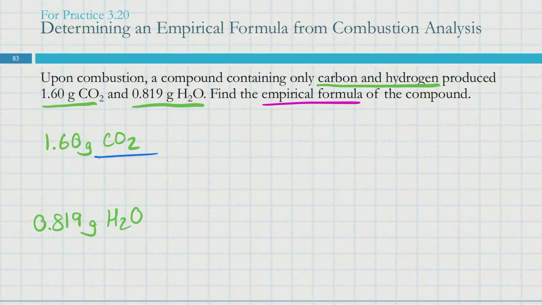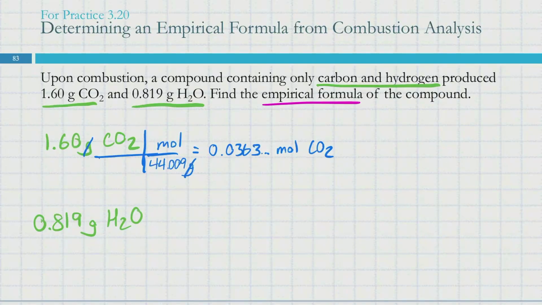So we're going to convert to moles, as we often do. We'll need the molar mass of CO2, which is 44.009 grams per mole. So this is the moles of CO2 that we have. How many moles of carbon would we have started with?